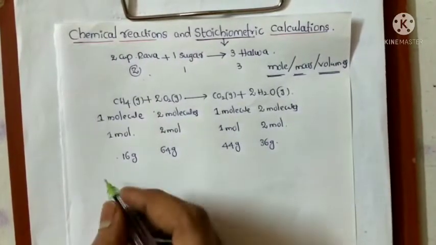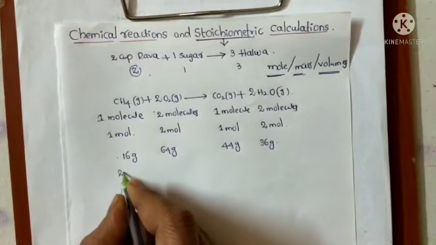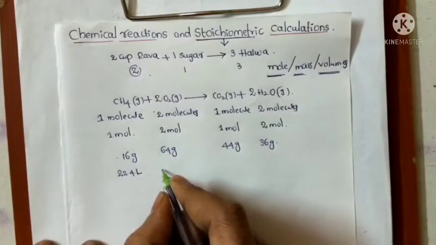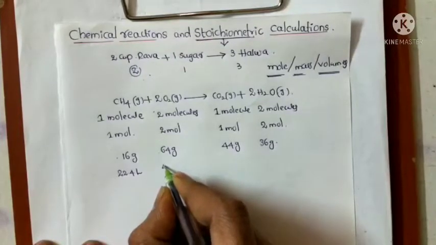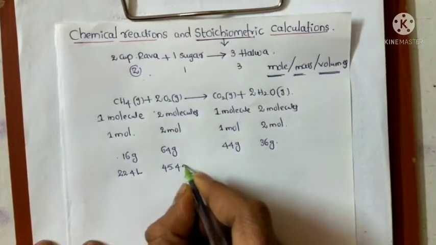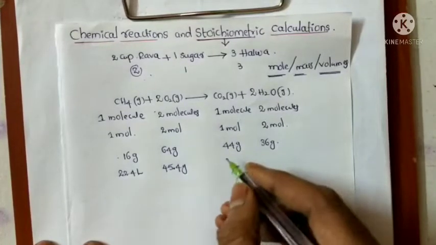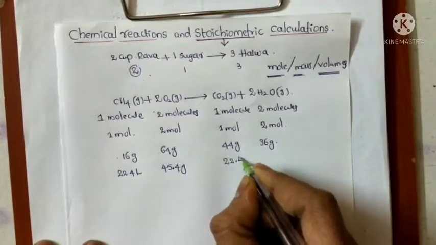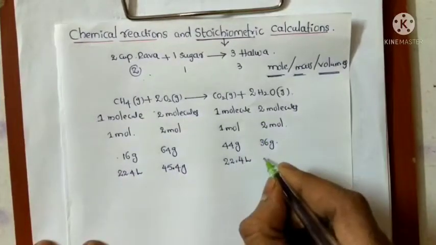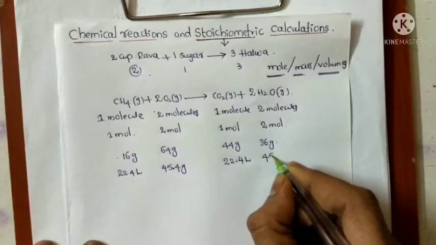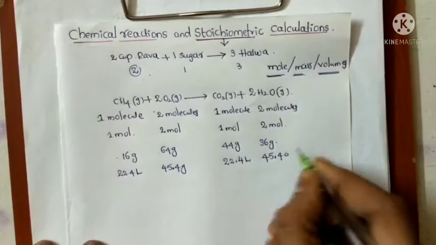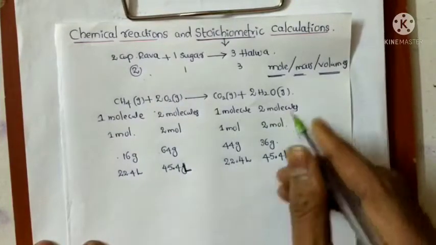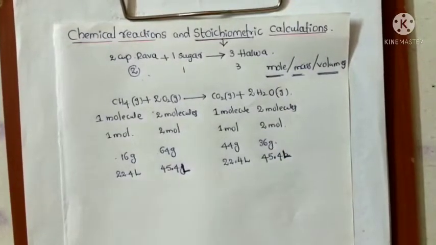Next, according to volume, we can say that 22.4 liters of methane gas reacts with 44.8 liters of oxygen to form 22.4 liters of carbon dioxide and 44.8 liters of water vapor will be formed.